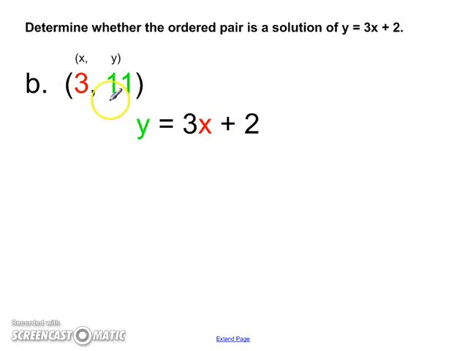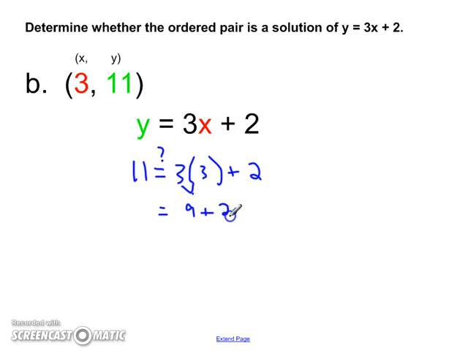All right, same equation, different ordered pair. In this particular case, (3, 11). So 11 is my y value, put that in. 3 is my x value, put that in. So substitute in. Does this stuff equal 11? Using my order of operations, 3 times 3 is 9, plus 2 is 11.